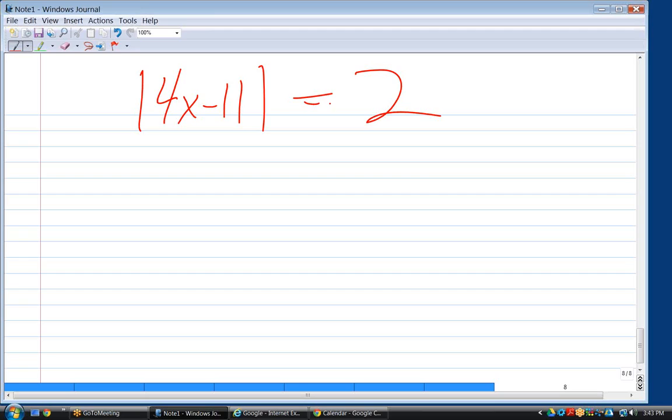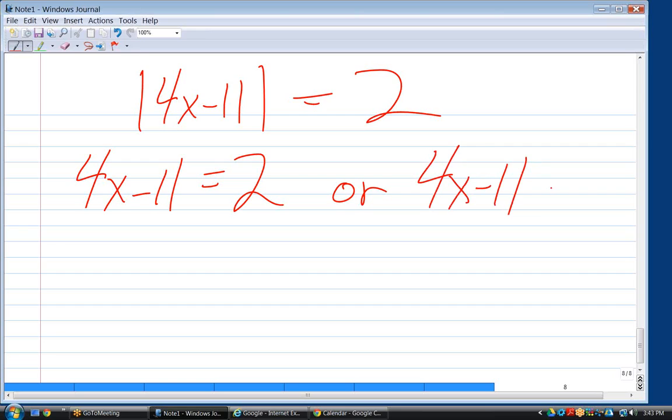So what 2 different things does this mean? It means 4x minus 11 can be equal to 2, or 4x minus 11 can be equal to negative 2. Correct. And then just solve each one of them separately.